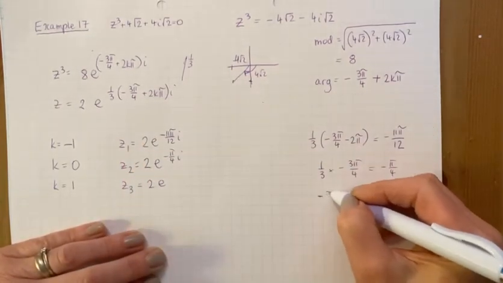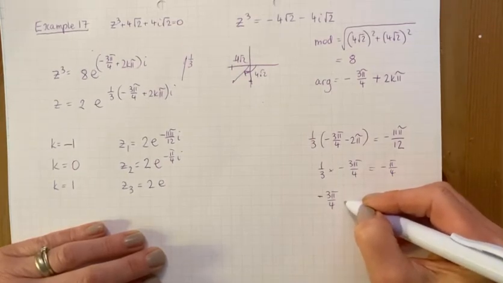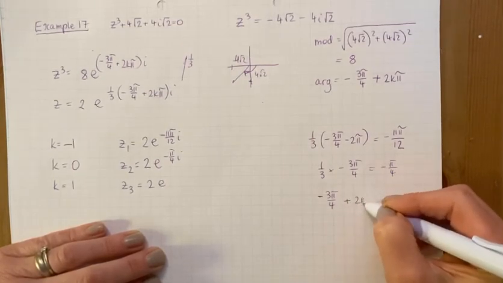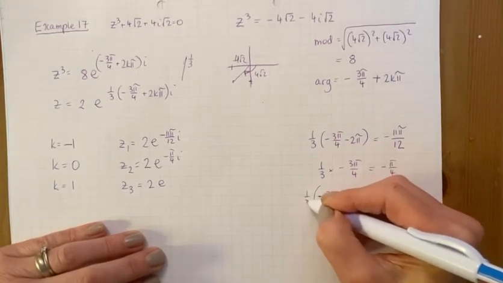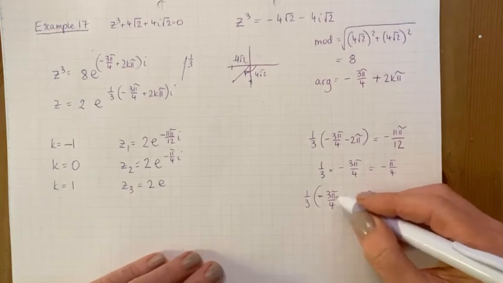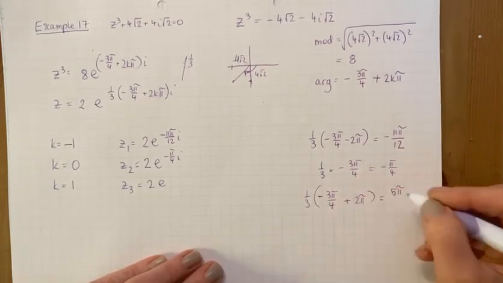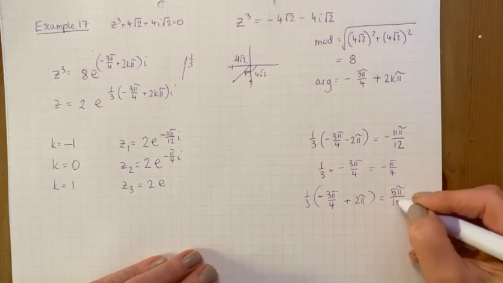It's going to be minus 3 pi over 4, and then plus 2 pi, and we're going to have a third of that. So it's going to be 8 take away 3, so it's 5 pi over 4 times a third, 5 pi over 12.